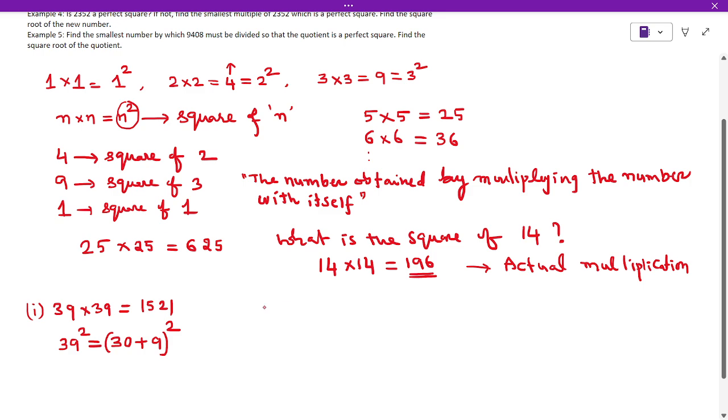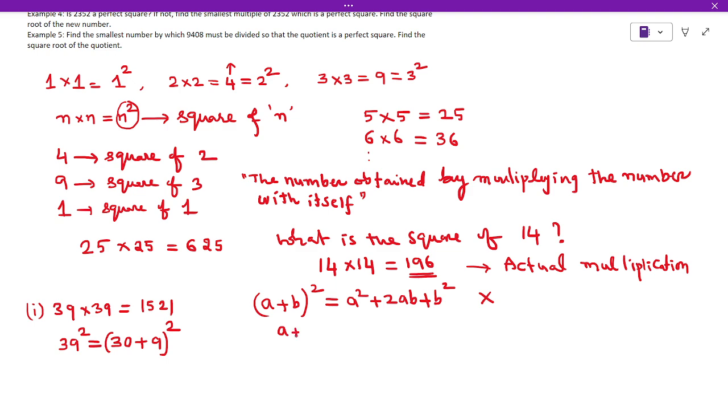Now we know the formula, right? (a plus b) whole square is equal to a square plus 2ab plus b square. If you do not remember this formula, it is fine, no issue. But we learned how to multiply a plus b into a plus b.